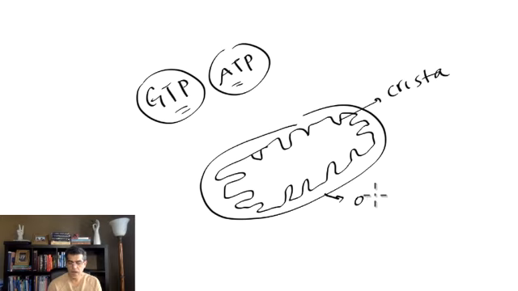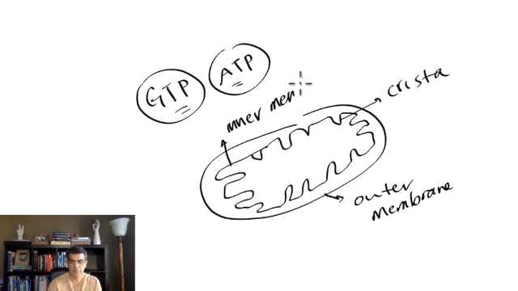This is your outer membrane, and this is your inner membrane. This inner membrane has some folding, called crista. And in this crista, you have a bunch of molecules that act like acceptors of electrons, and they're going to pass this electron from one molecule to another molecule.